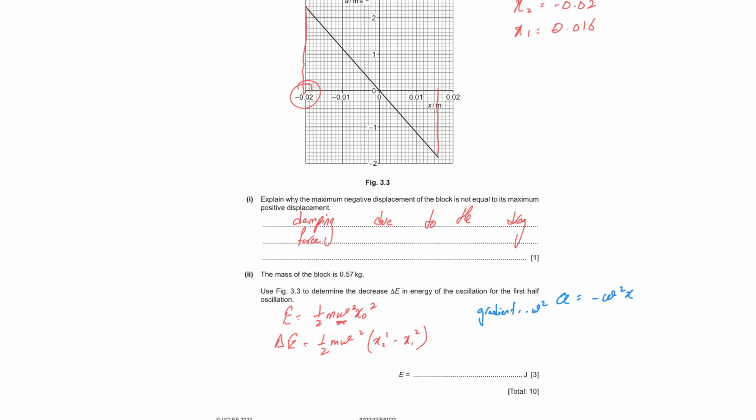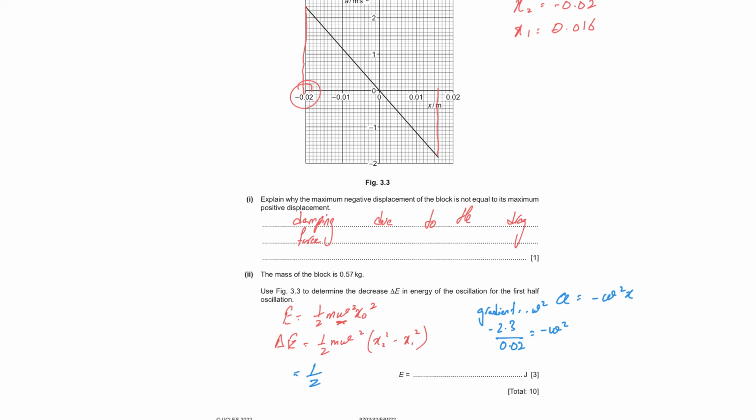So we've got the y values, we've got the x values. Minus 2.3 over 0.02 is equal to minus omega squared, or omega squared is equal to 2.3 over 0.02.